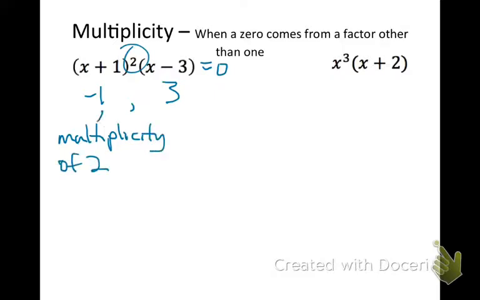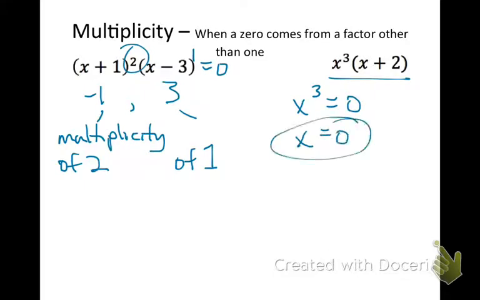And then 3, since its factor has a power of 1, it has a multiplicity of 1. So in the next example, if we were to set x to the third equal to 0 and solve, then this zero would have a multiplicity of 3.